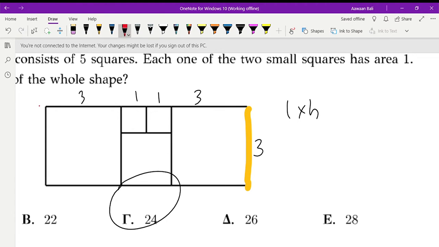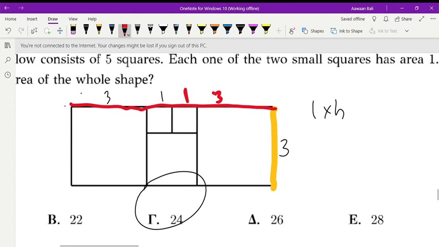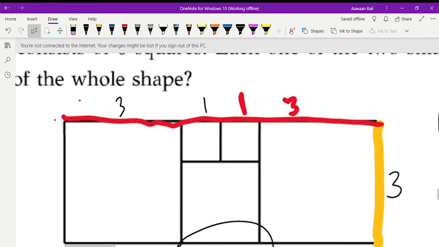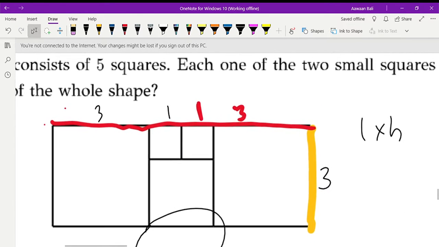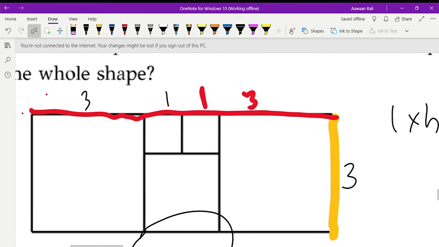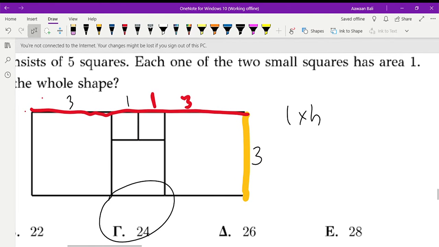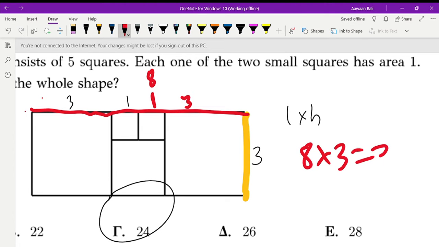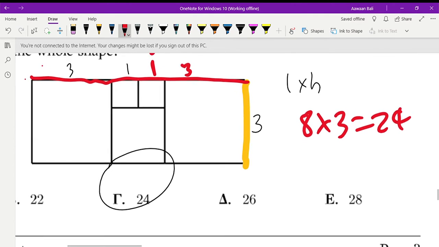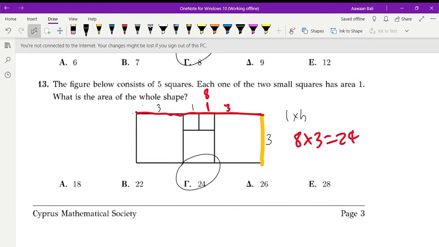So all we have to do is find the length, which is the longer side here. The sum of this whole length is the sum of all the sides together. So 3 plus 1 plus 1 plus 3, that's 8 in total. Now if we do 8 times 3, that's 24, which means that gamma is the answer again. So that's another way you can do it.